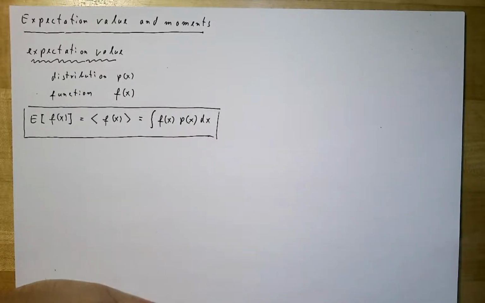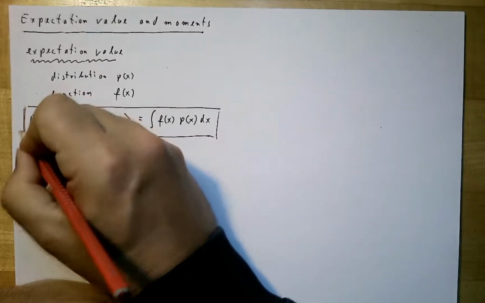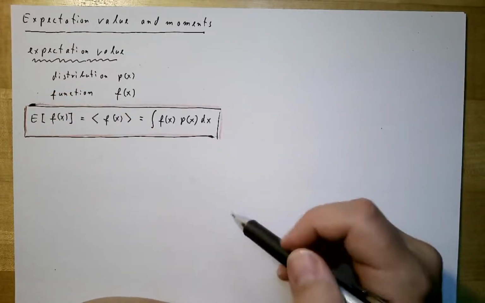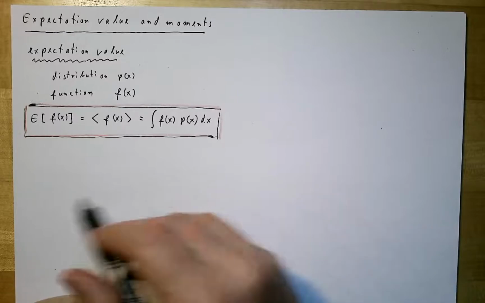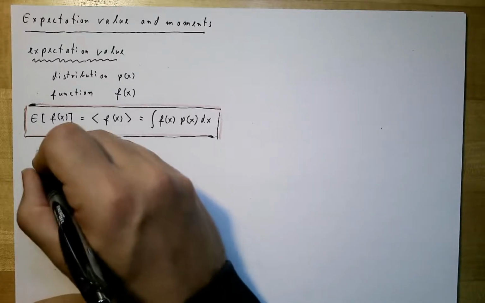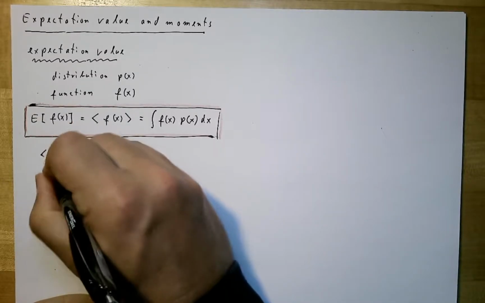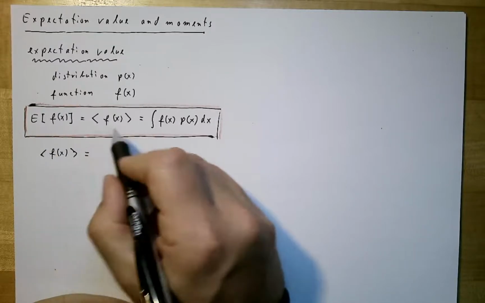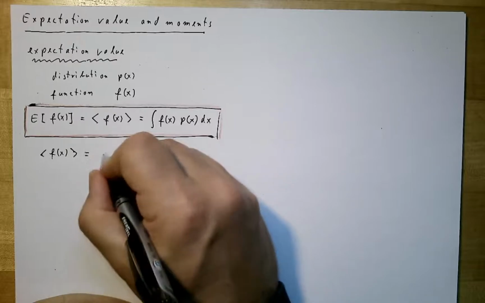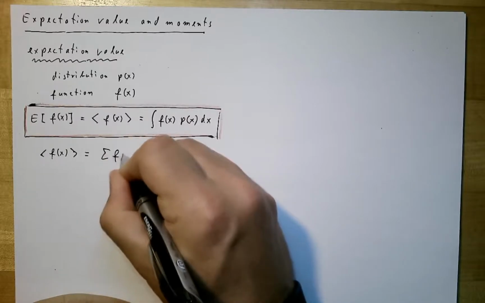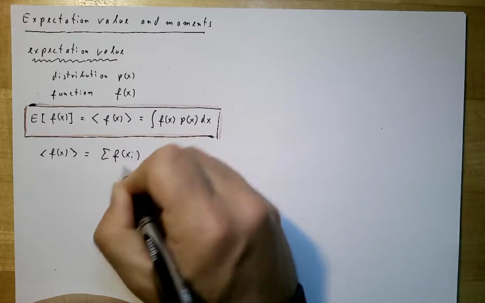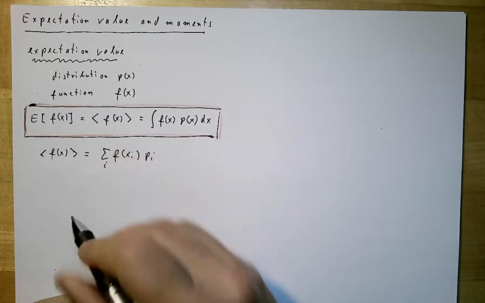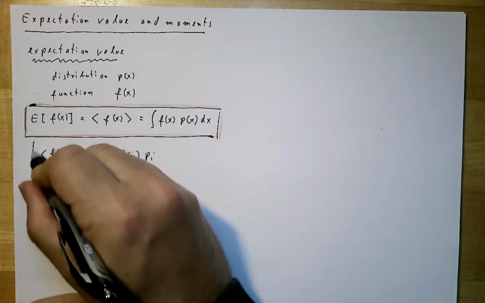So that's the fundamental quantity. If we have a discrete distribution, then the expectation value of f of x is, instead of an integral, given by a weighted sum. We take f of x_i and p_i, and we sum over all i.